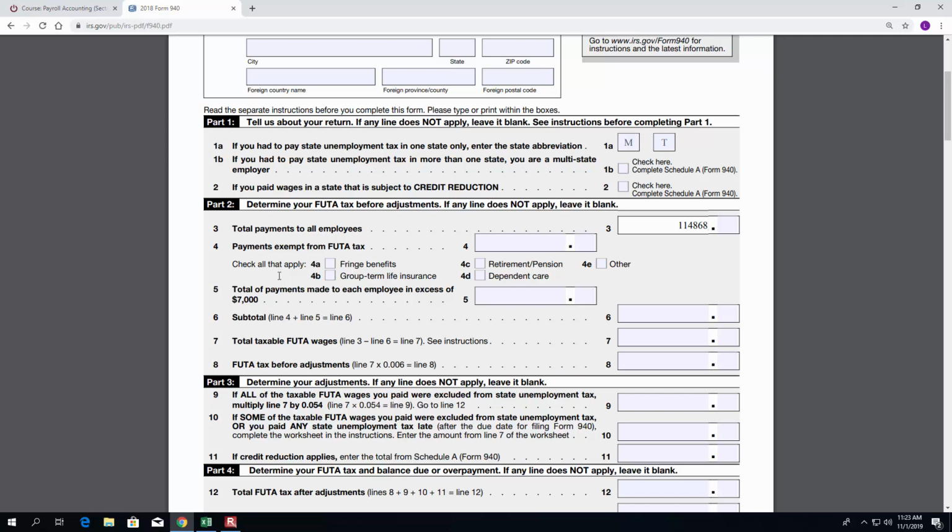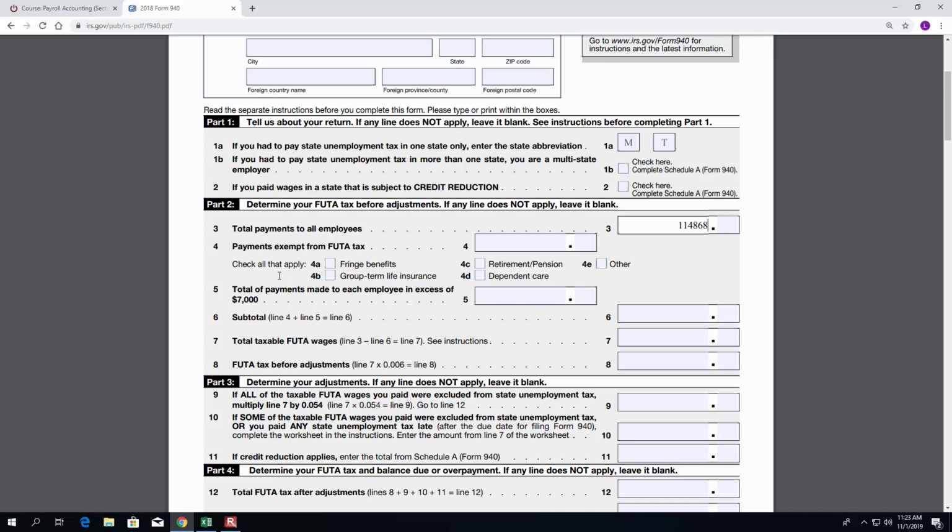If I paid $114,868 all year and my FUTA wages were $28,000, how are you going to get the amount that's in excess? Just find the difference between the $114,868 and the $28,000.